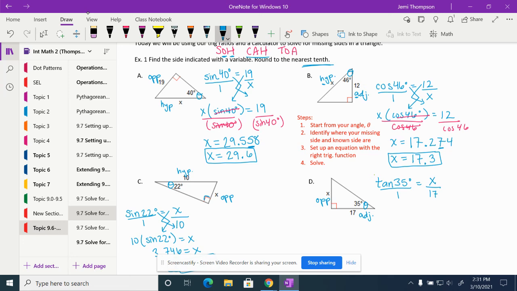So we crisscross multiply. 17 times the tangent of 35 is equal to x times 1. I've got another multiplication problem here. Don't need to divide. I just need to do 17 times the tangent of 35. So punch that in on whatever your device is.